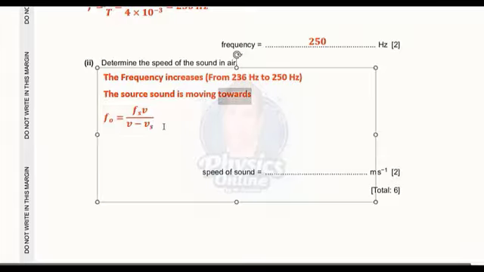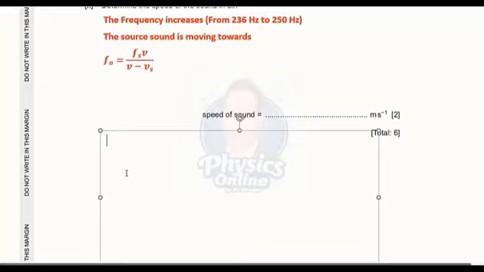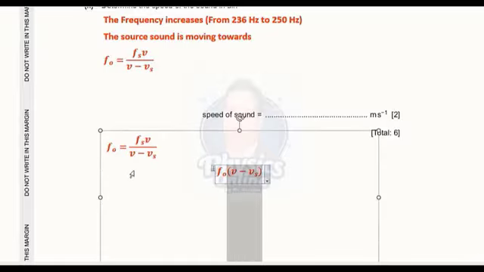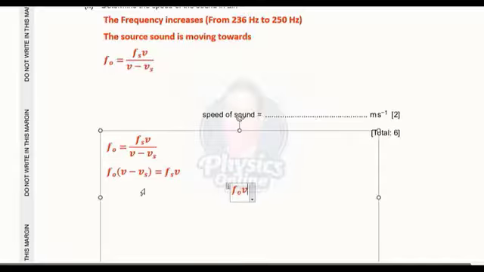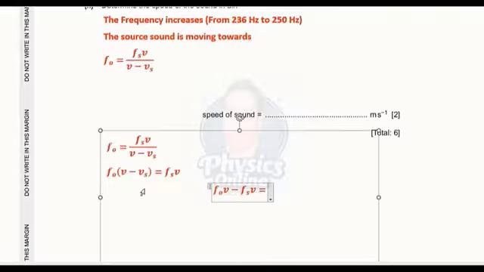Okay, but this equation does not give us the speed of sound, so we need to rearrange it. Write the equation first: fo equals fs v divided by v minus vs. Cross multiplication: fo times v minus vs equals fs v. fo v minus fo vs equals fs v.